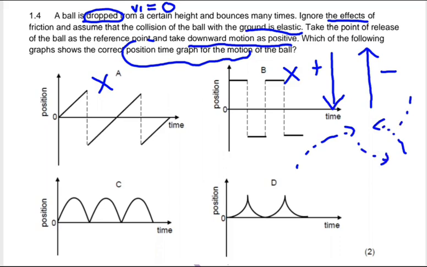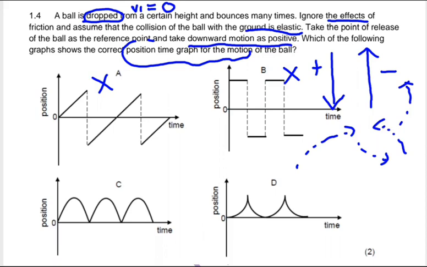We're always expecting some kind of curved motion, because the rate of change of displacement, the velocity, is not constant. The velocity keeps changing. Now, as the ball falls downwards, the velocity increases, the speed increases.